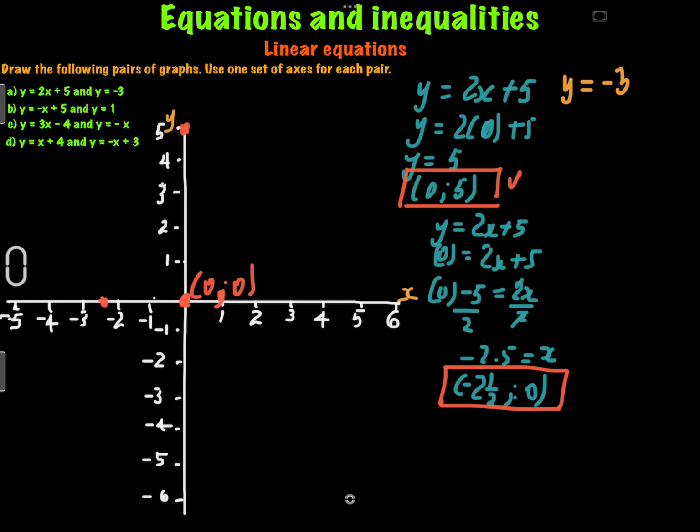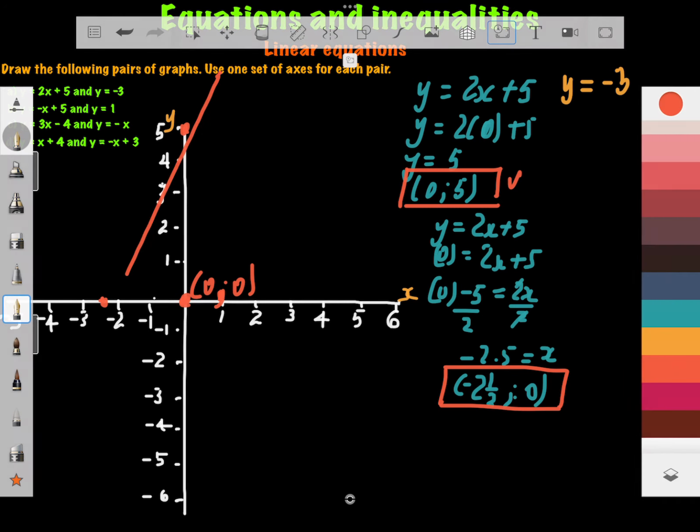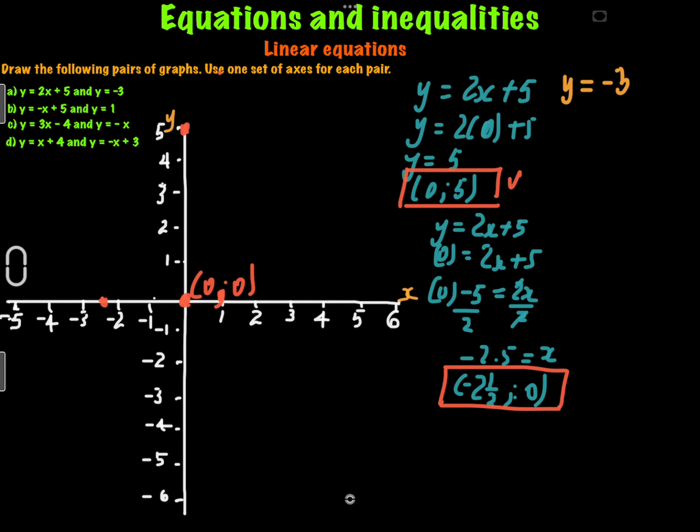What you need to do now is to simply join these points on the Cartesian plane by means of a line, in this fashion. This line addresses the fact that y equals 2x plus 5.